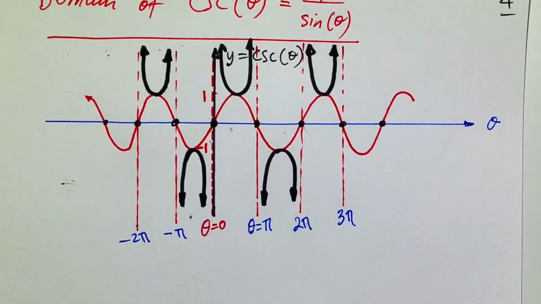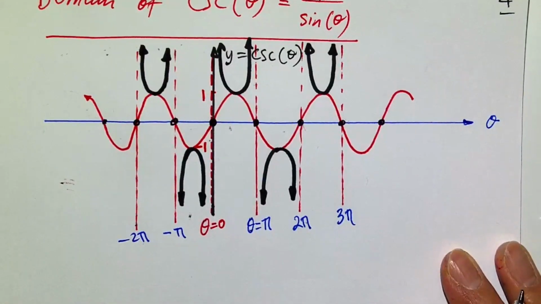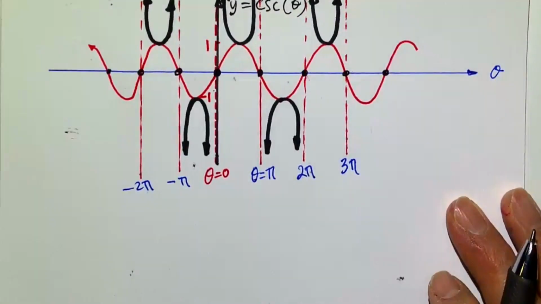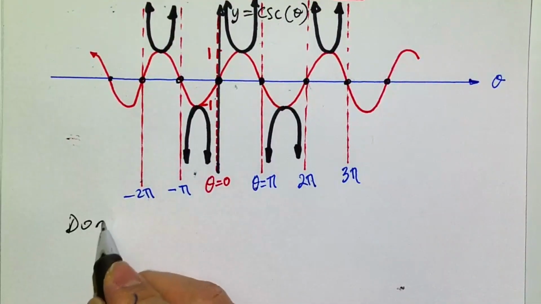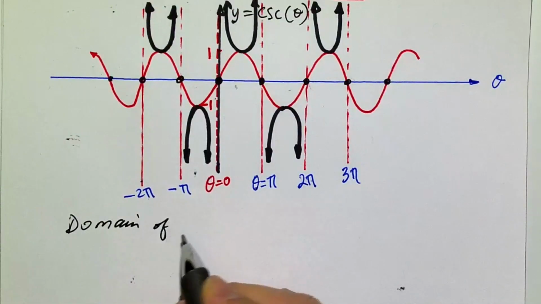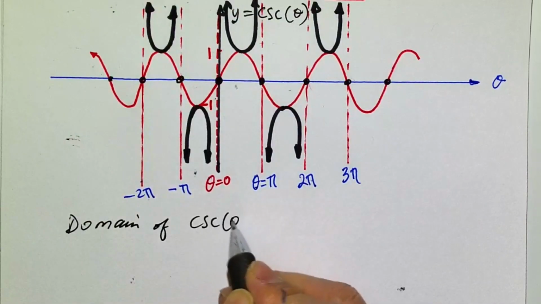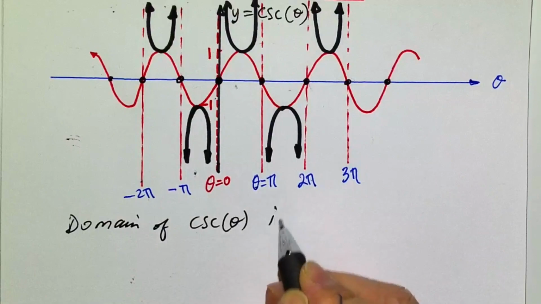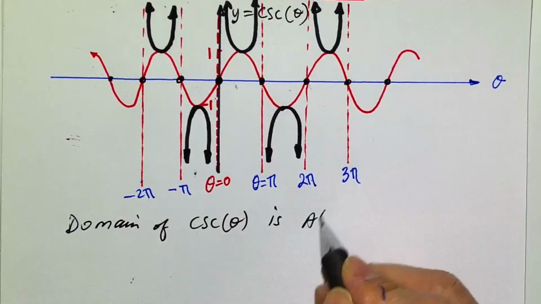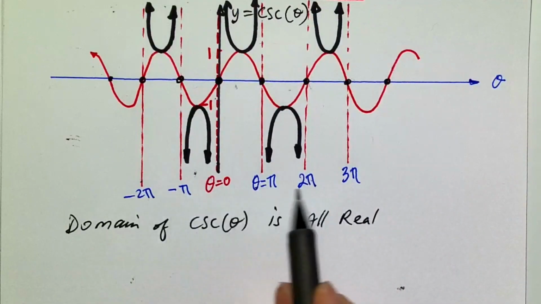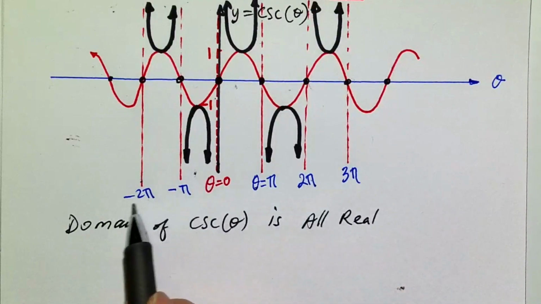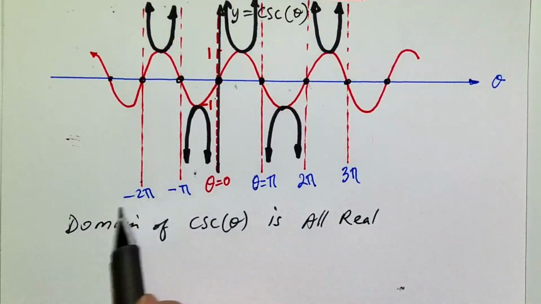Okay? So that's that. Now the domain. Now that we have the graph, the domain is really easy to write down. I'll move this up a little bit. So the domain of the cosecant function is, again, all real numbers except these guys, right? N pi, any factor of pi, plus or minus.